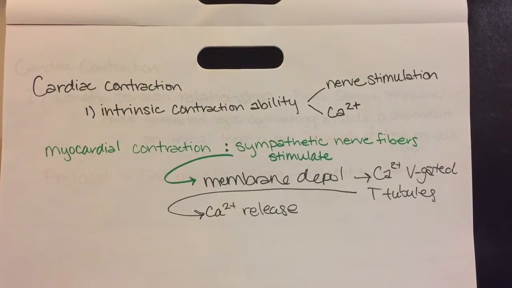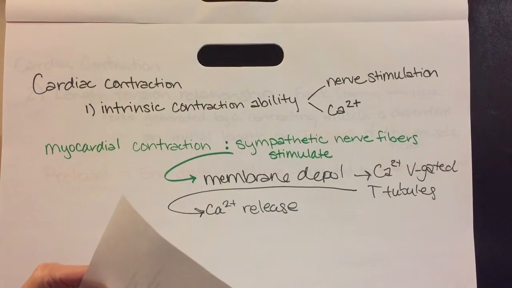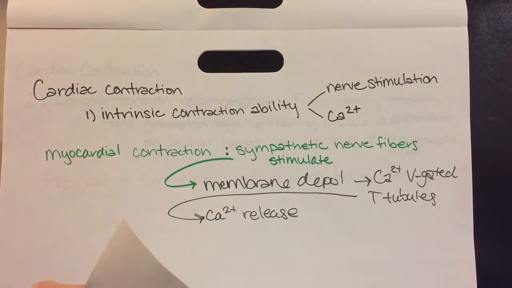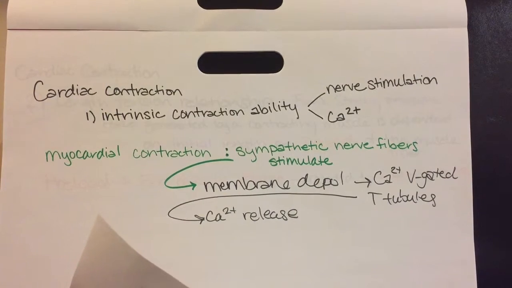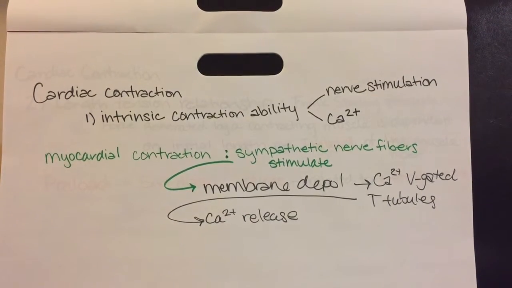Calcium release then drives the ability of the myosin light chains to allow the myocyte to contract.